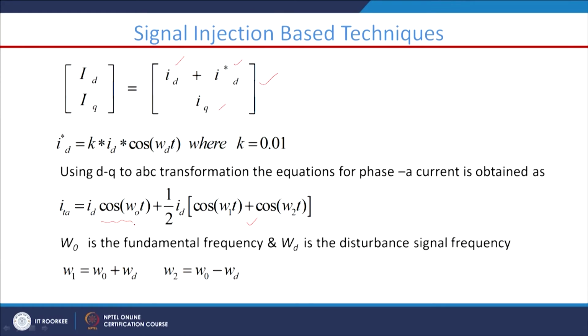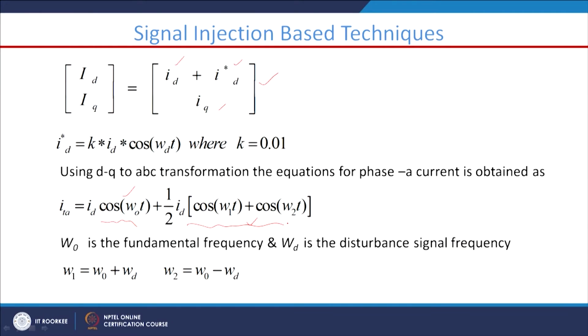It has two parts. The first part is the fundamental component, that is ID cos omega naught t, and the second part consists of two terms, cos omega 1 t and cos omega 2 t.